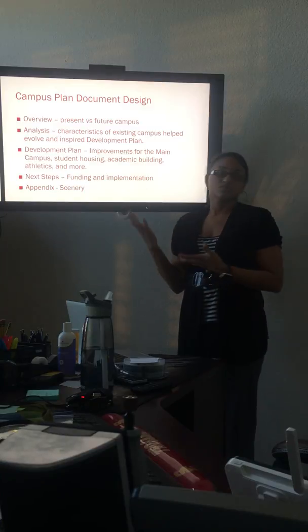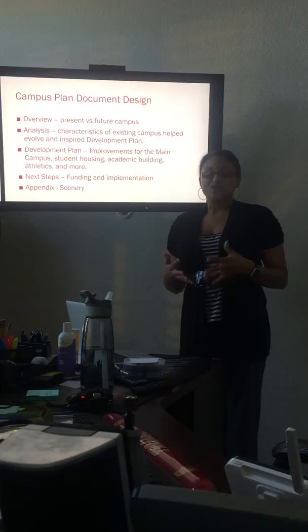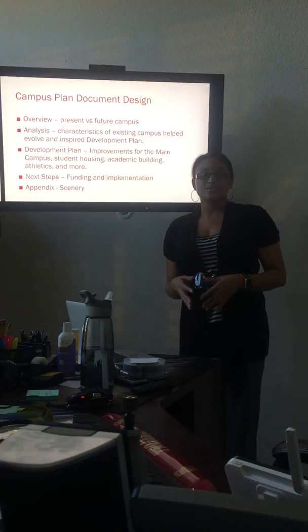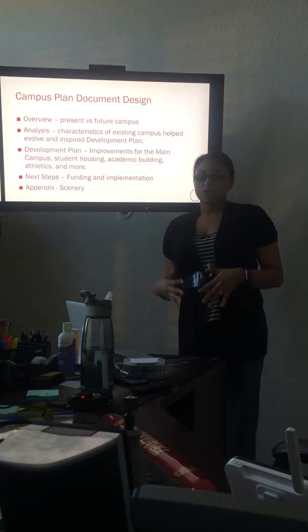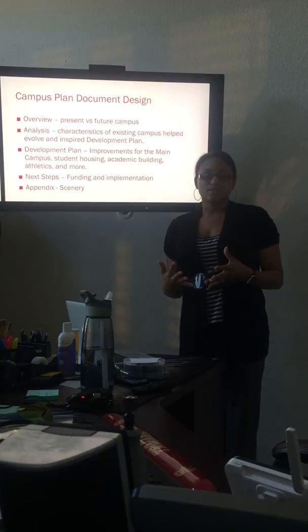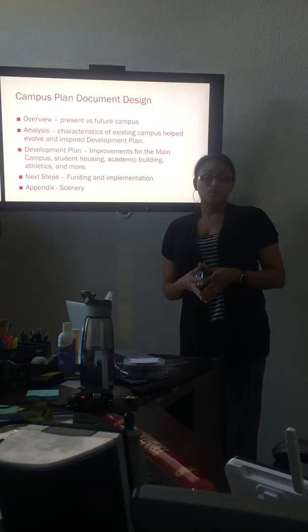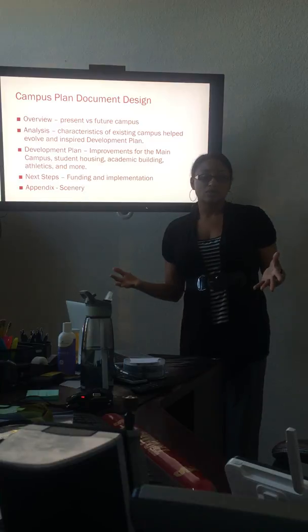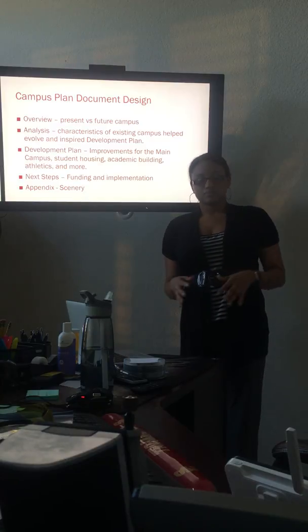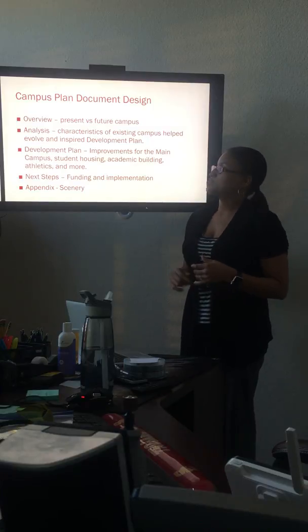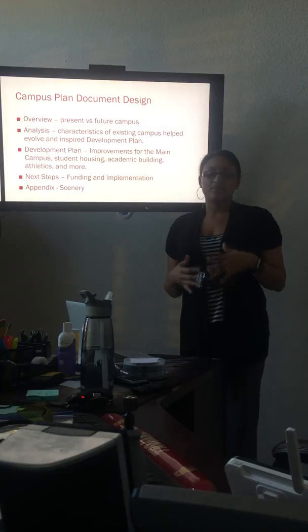Next is the actual development plan. Basically the plan is that they're going to either build, create, or do something new to upgrade the campus, whether it be a new athletics building, improvement on the main campus buildings, improvement on student housing, and new improvement on scenery. Some of those things are going to be touched on, so I'll briefly discuss some of that in this section.